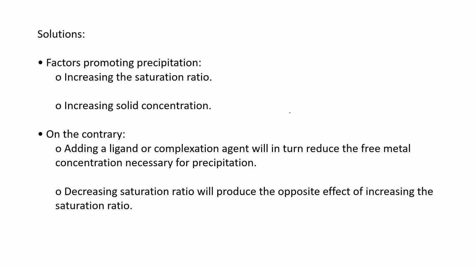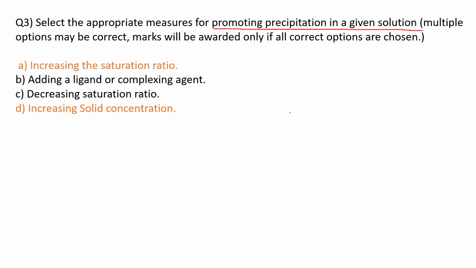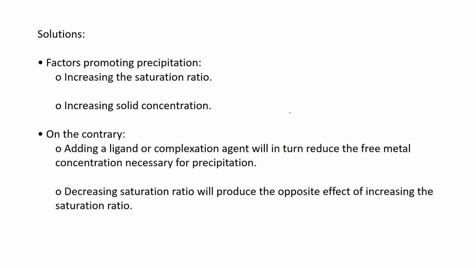But on the contrary, what will happen if we add a ligand or complexing agent? It will trap the metal ion and it may make it remain in the suspension. So it will prevent it from forming a precipitate. These complexation reactions prevent the ion from forming a precipitate.